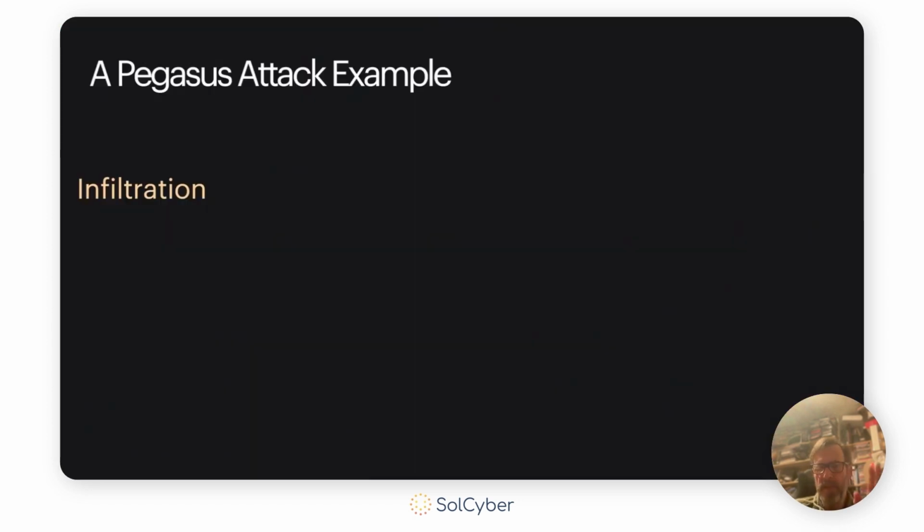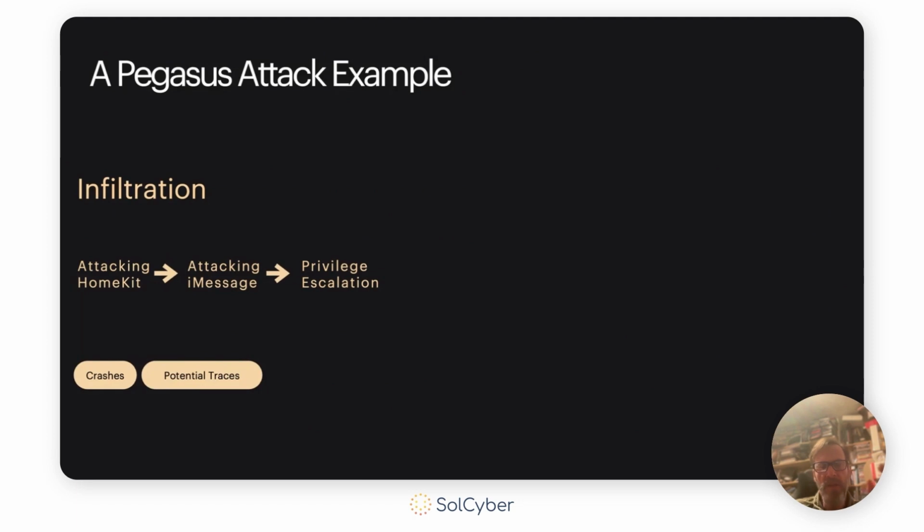So let's give you an example here of a Pegasus attack. The infiltration attacks HomeKit, which then attacks iMessage, which gives it privilege escalation. Now, as this happens, we get crashes, we get potential traces in log files, we get to detect that exploit chain as it happens.